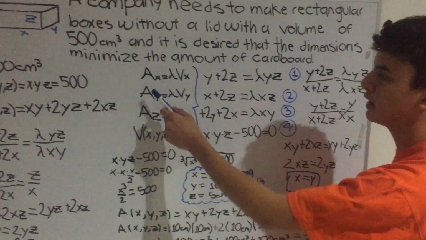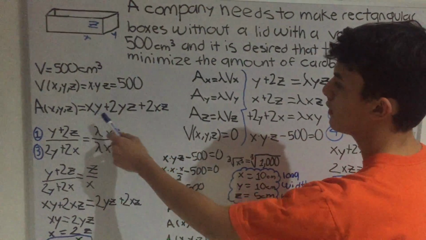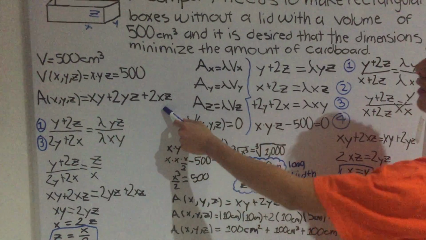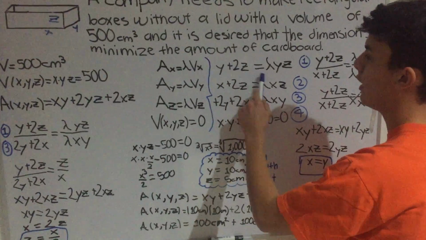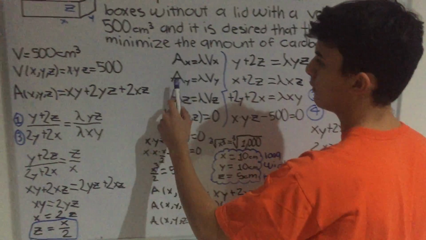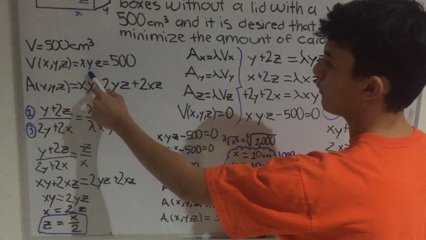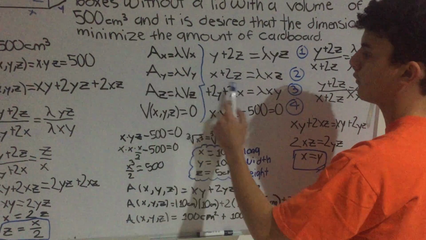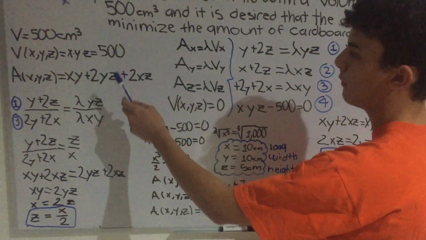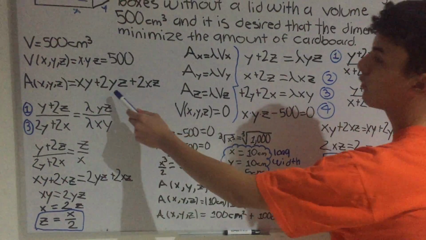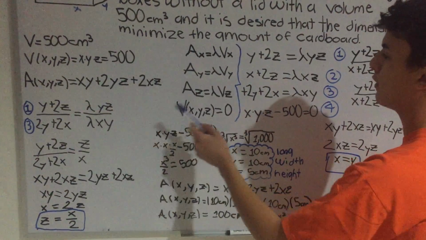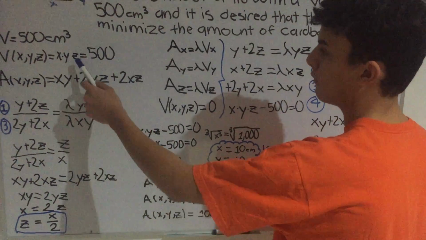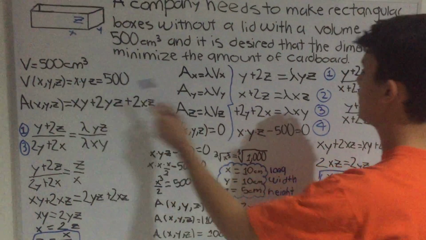So now the partial derivative of the area with respect to x is y, this is going to be constant, and this is 2c, and this is equal to lambda times the partial derivative of the volume with respect to x, and that is yc. So we have this first equation. And now for y, the partial derivative of the area with respect to y is x plus 2c, and this is equal to lambda times the partial derivative of the volume with respect to y, that is xc.